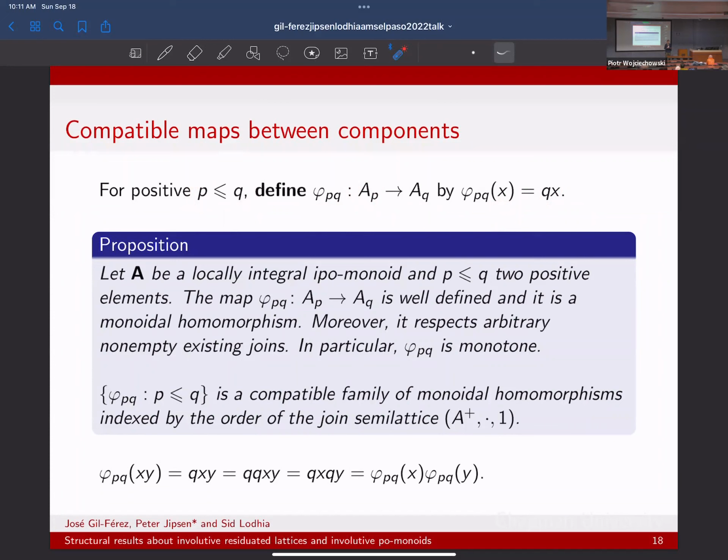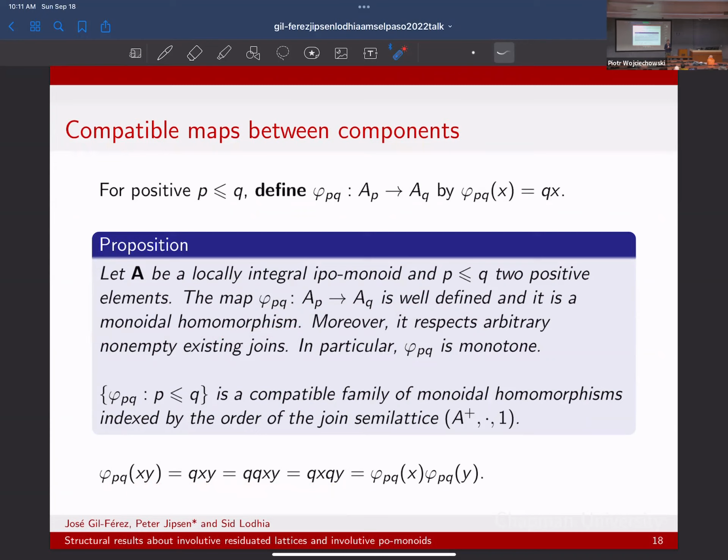And this map, you first have to check that it is well defined and that it respects the monoid operation. To see that it respects the monoid operation is very easy, because if you have x times y and you pre-multiply that with q, q is idempotent, so you get to replace it by two copies of q.